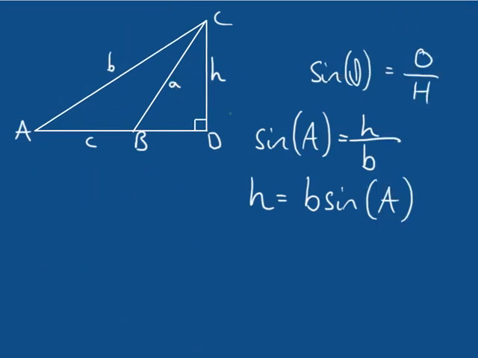However, let's look at what happens with our smaller right-angled triangle, and you're going to see that things work a little bit differently from before. Again, the sine of theta is equal to the opposite over the hypotenuse. The opposite edge is going to be H, the hypotenuse is A, but notice the angle we're trying to find, theta. We don't have this angle.